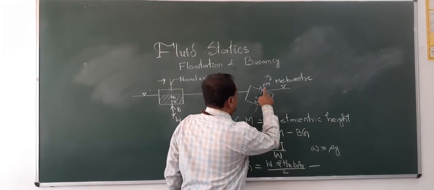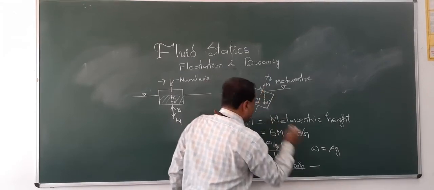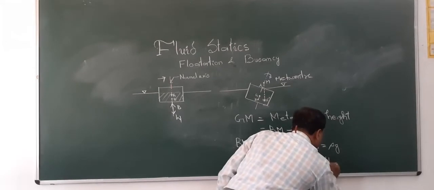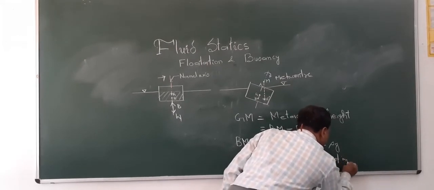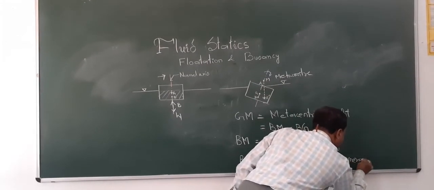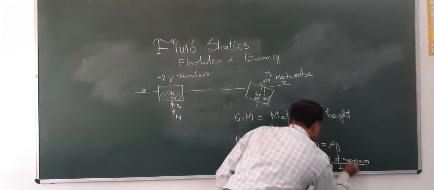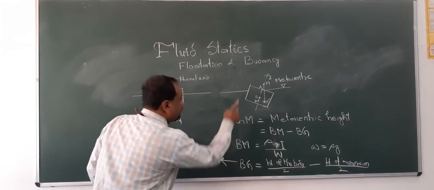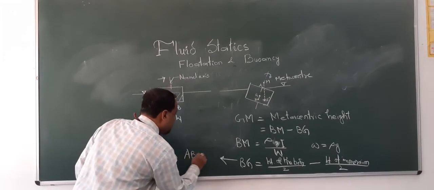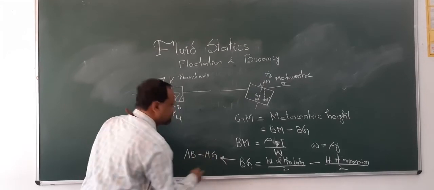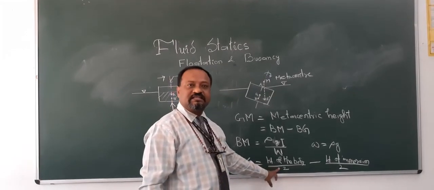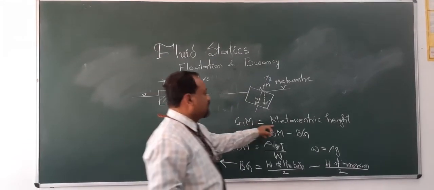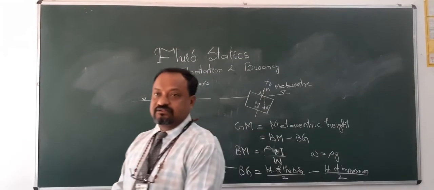We will also find AB, which is the height of immersion divided by 2. So ultimately, to achieve BG, BG is nothing but AB minus AG. This is representing AG and this is representing AB. That is how we can find this metacentric height.